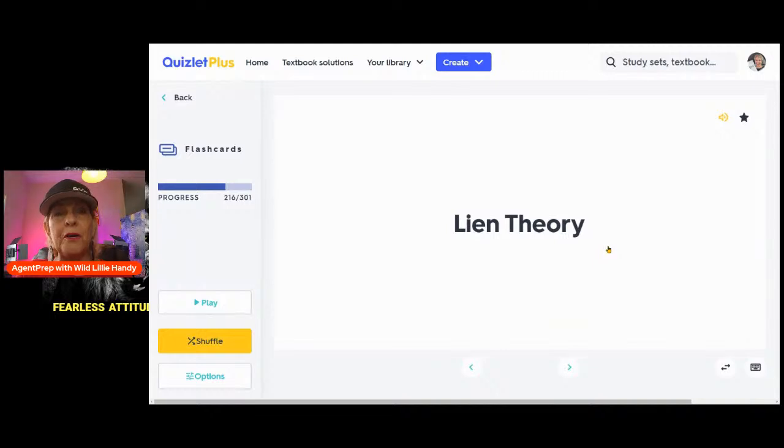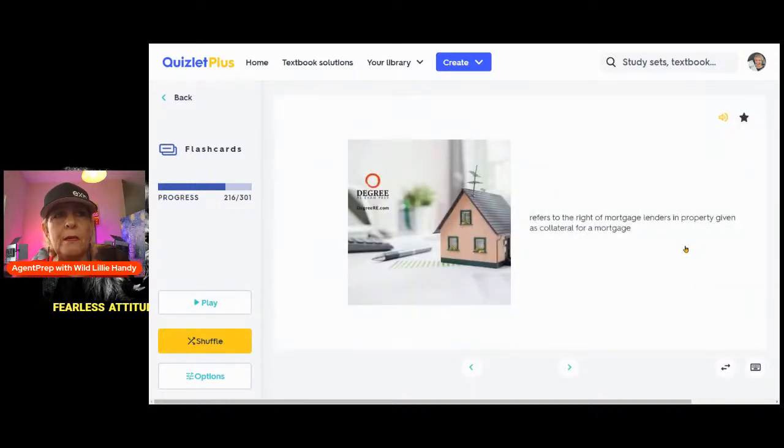That's why the borrower is called what? The mortgagor. They're giving back the collateral, the right that they own the land, the property, and the borrower is making payments. Lender receives the collateral, the deed of trust, and the borrower gets money so they can get the property. But that is the right of the mortgage company, the mortgagee, in property given as collateral.